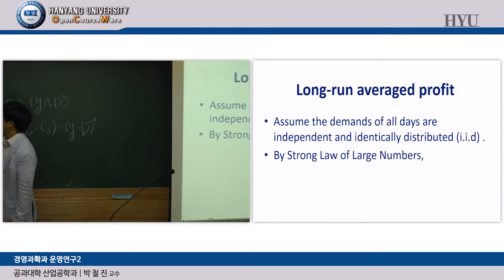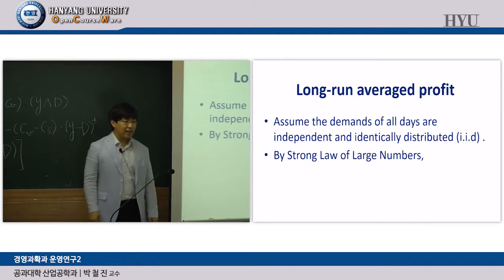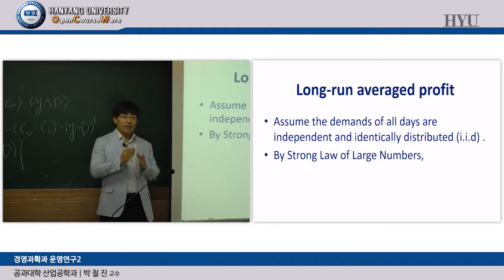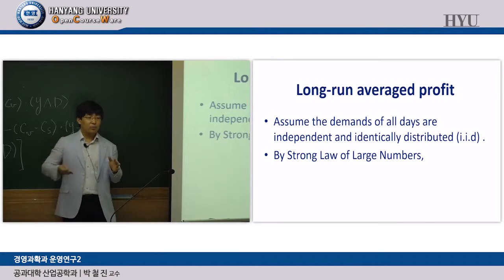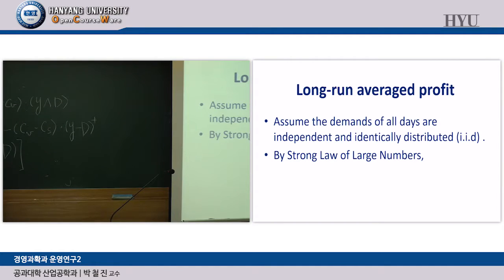Then we sum P1, P2, up to Pn, the nth day. We can sum the profit we earn every day, and then divide by the number of days.